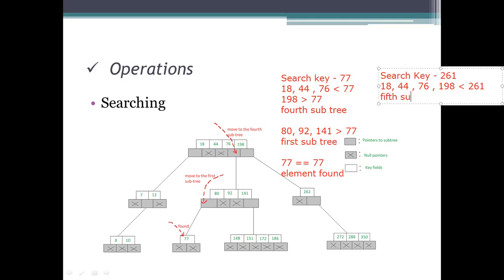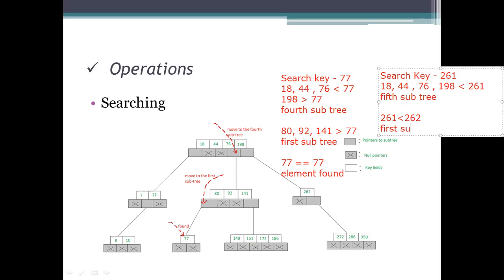Fifth subtree representation. Okay. Now take the fifth subtree representation, which has the element 262 here. 261 is less than 262. So here we should go for the first subtree representation. Okay. Does this first subtree have an element or not?